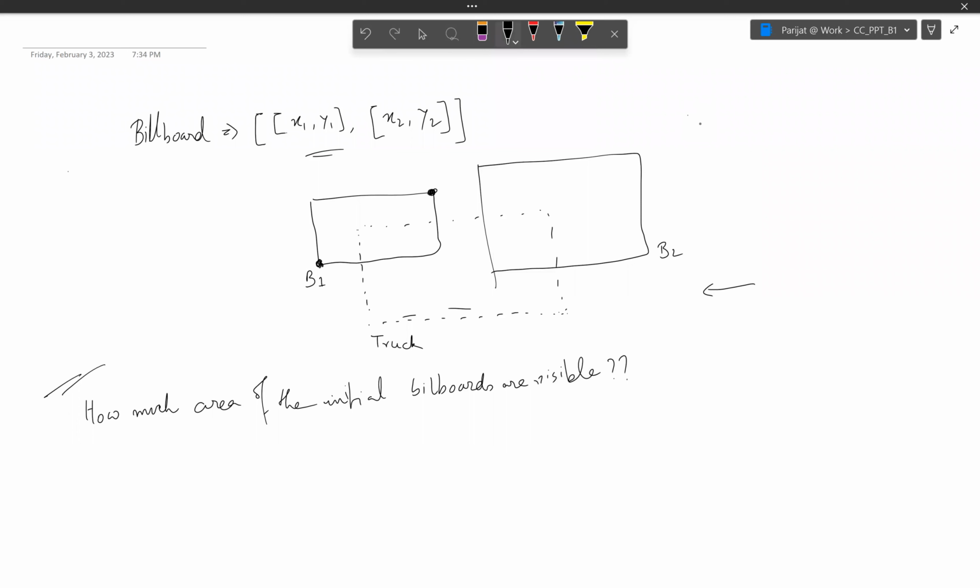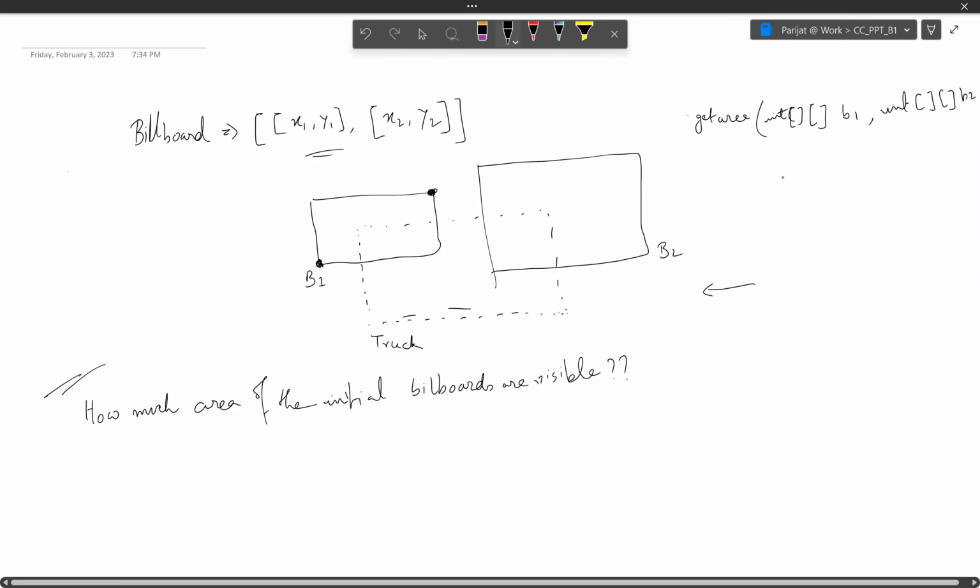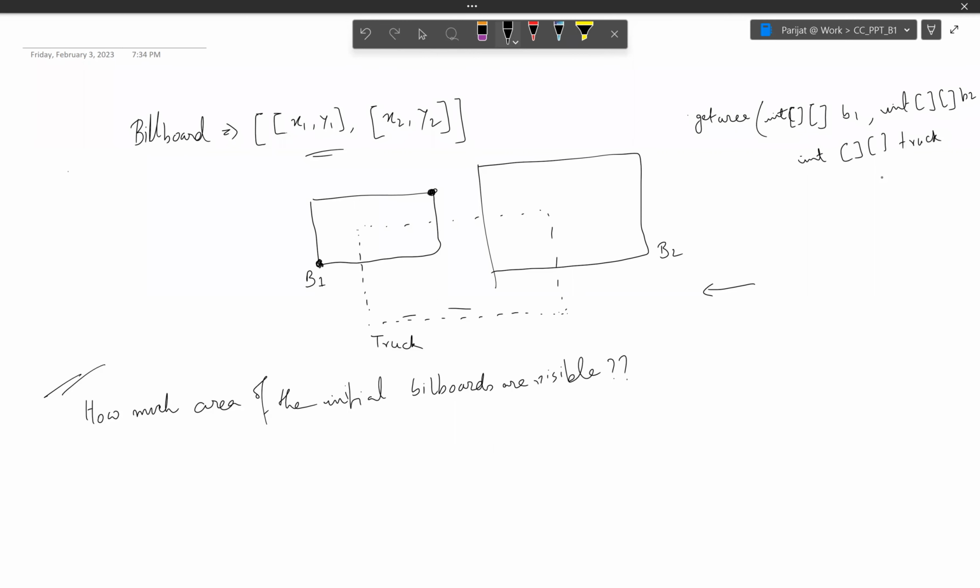We'll have getArea, where we'll have an int matrix b1, another int matrix b2, and a third int matrix truck. And you just have to return an int. You have to find the area of the original billboards that is not covered by the truck. Make sense?